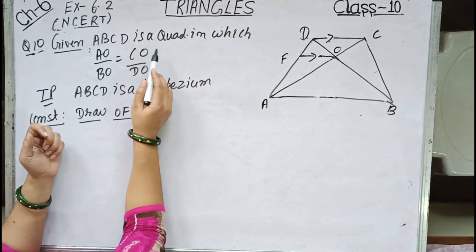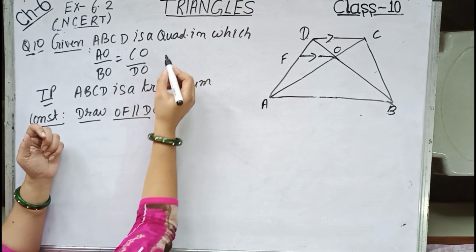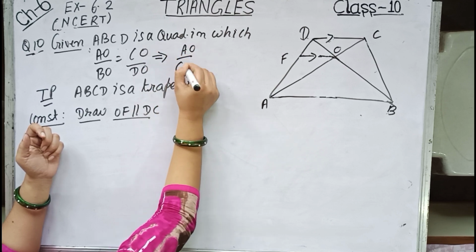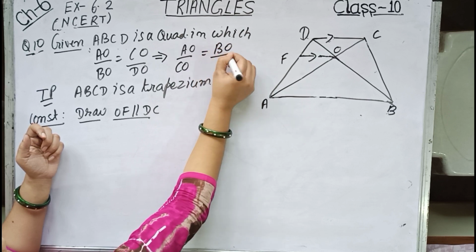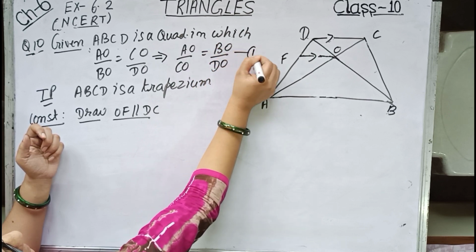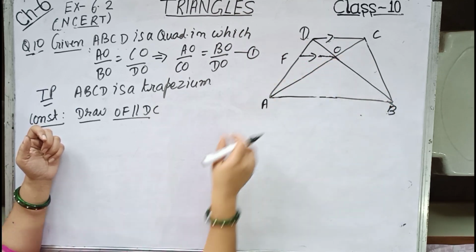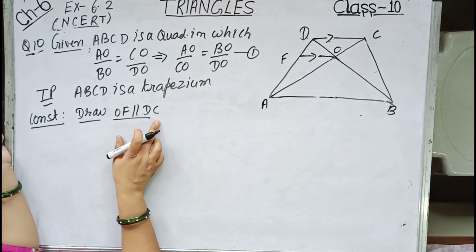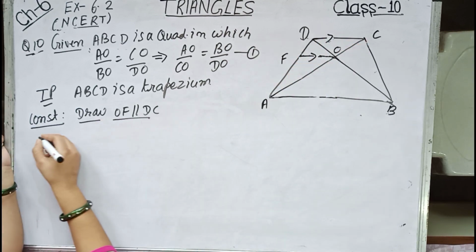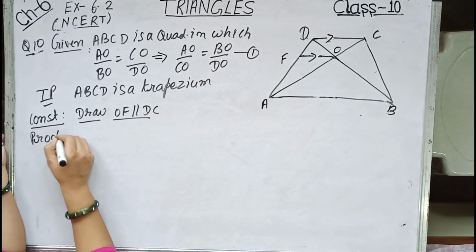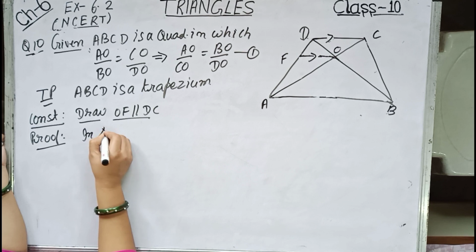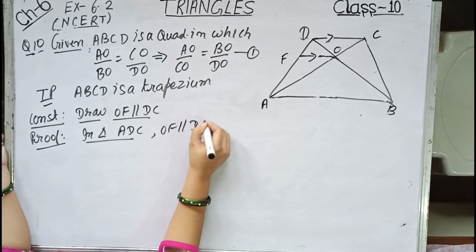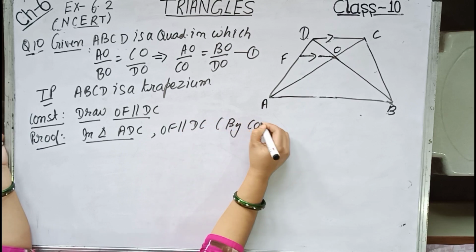Now over here children, it is given that AO by BO equals CO by DO. So we can write over here, this implies AO by CO equals BO by DO, to make this by this equals this by this. Now what I have written: draw OF parallel to DC. Now proof part. In triangle ADC, OF is parallel to DC by construction.